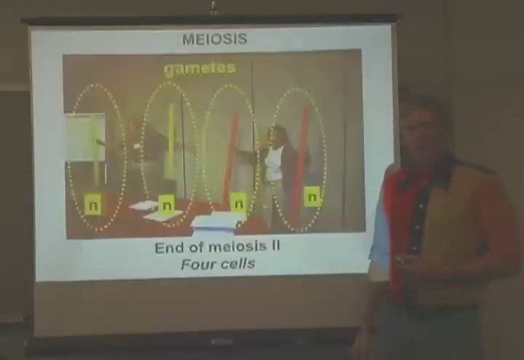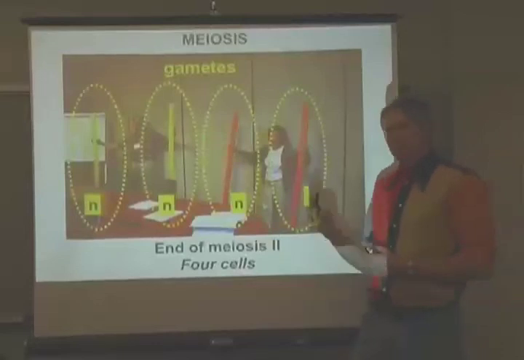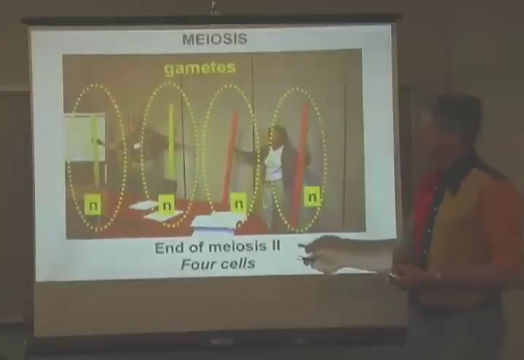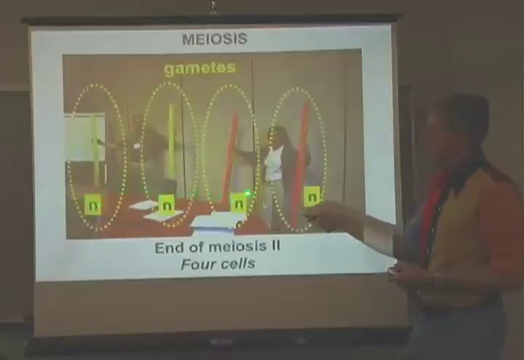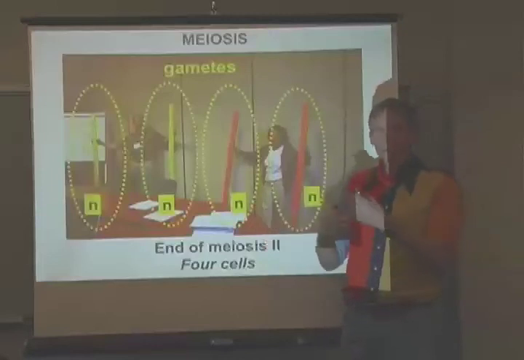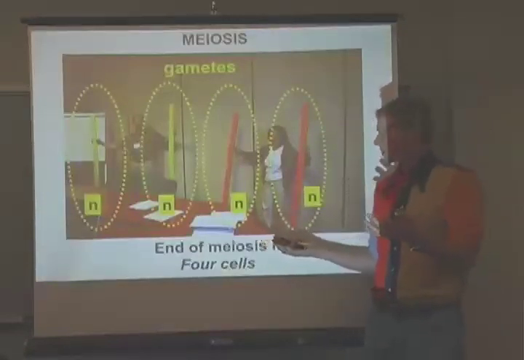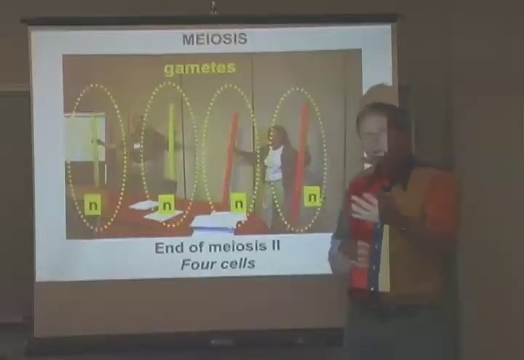Okay? After meiotic division 2, you have 4 cells, and each now has just 1 copy of each chromosome. And these chromosomes can be mixed together. Since you have 23 chromosomes, a handful could be from mom or from dad, right?